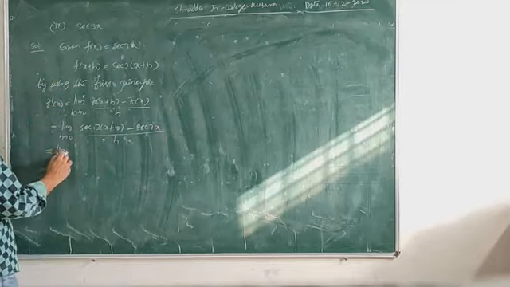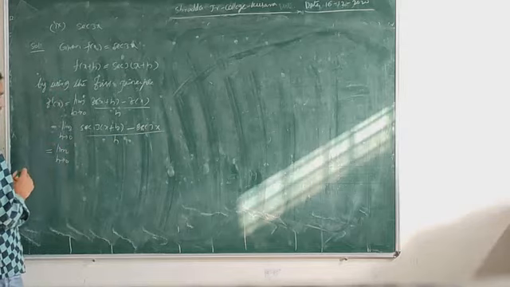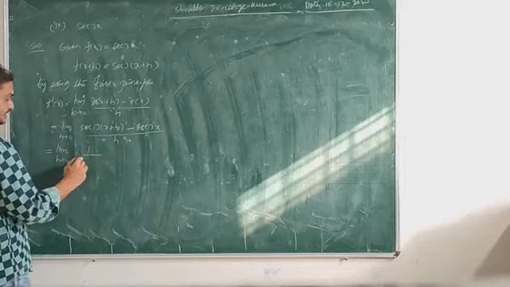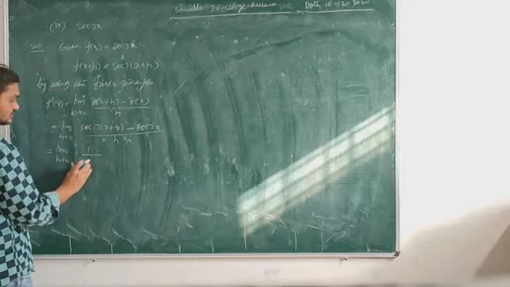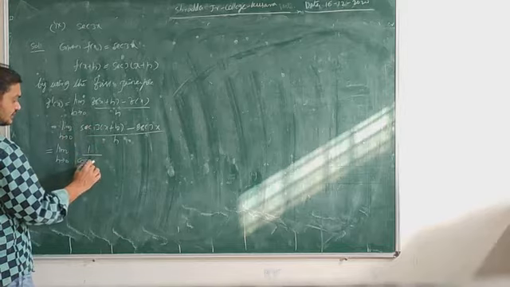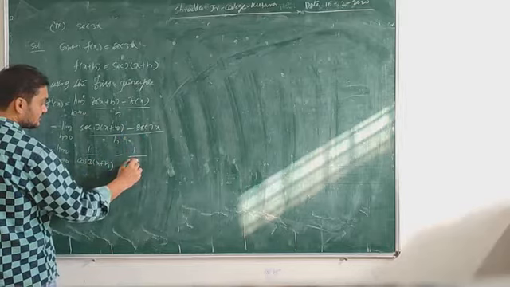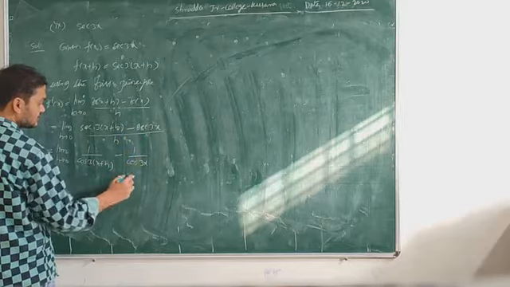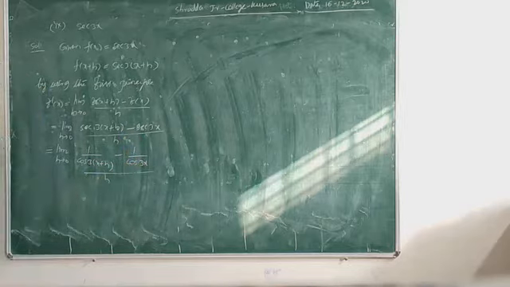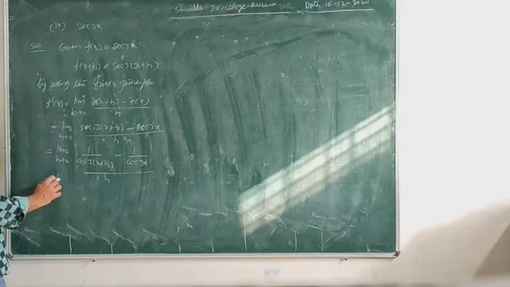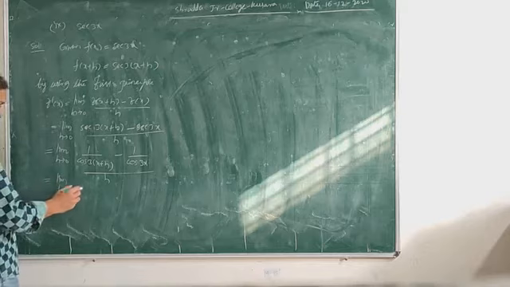Now this is equal to limit h tends to 0. Secant theta means what? That is 1 by cos. So 1 by cos 3 into (x plus h), and secant 3x means 1 by cos 3x, by h. Now see here, limit h tends to 0.